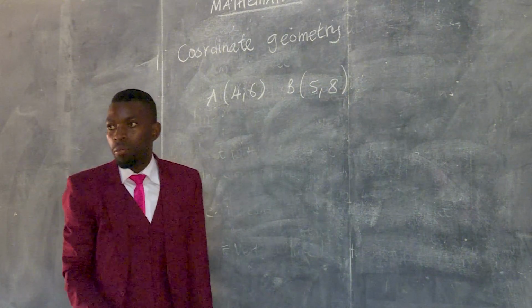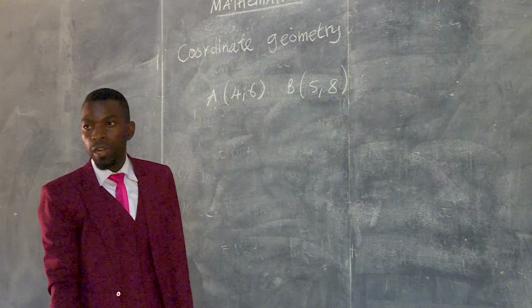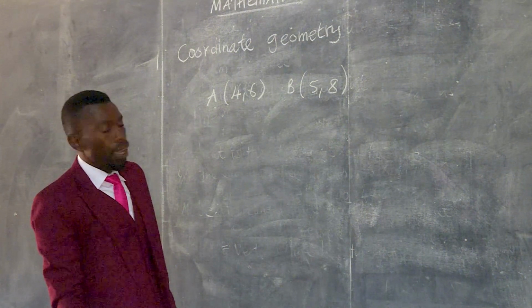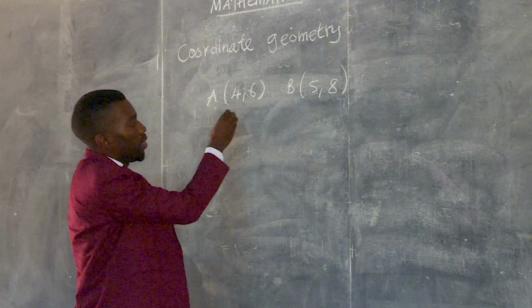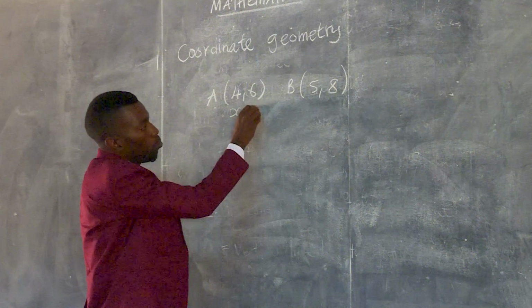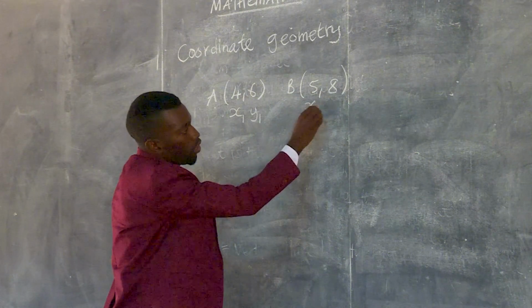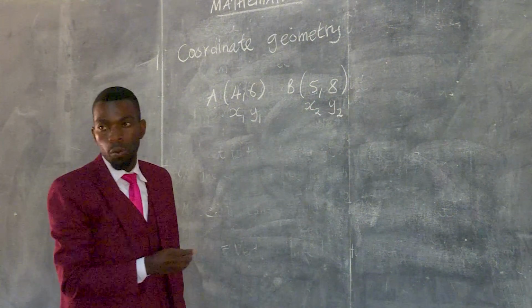Then now we label these points. When you are given the coordinates, the first number becomes the value of x. So this one will be x1, then this one will be y1, then this will be x2, then this one will be y2.